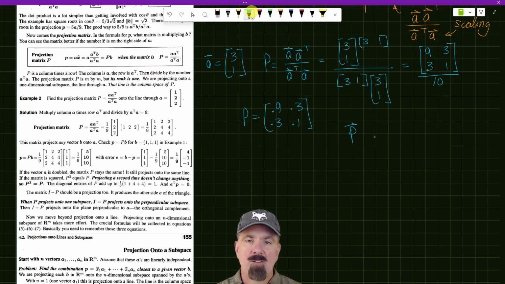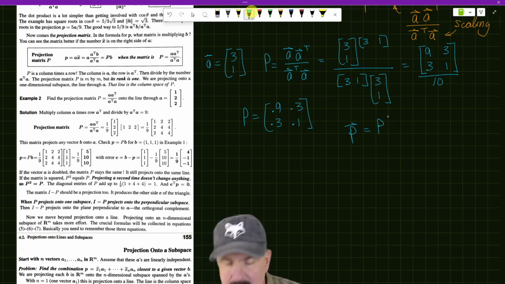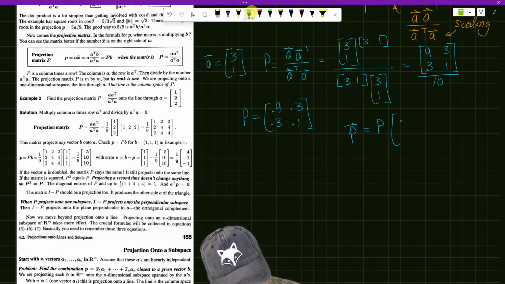So now we can find the projection vector P onto A simply by multiplying by this projection matrix. Don't confuse, of course, projection with permutation. They sound similar perhaps, but obviously they're completely different things. So in this case, we are going to apply our projection matrix P to the vector 0, 3.